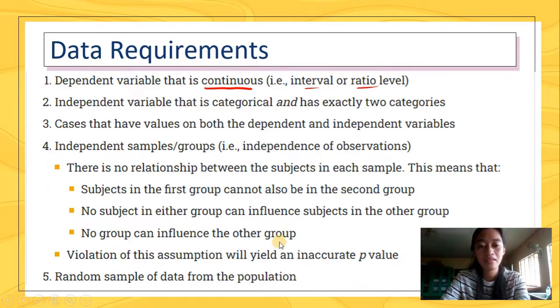No group can influence the other. Violation of this assumption will yield an inaccurate p-value or other values that we will try to compare it with. Number 5, random sample of data from the population. This is very important. A random and well-representative sample is chosen.